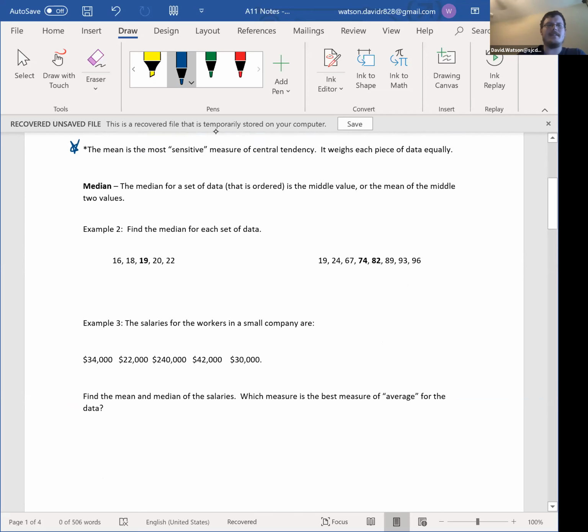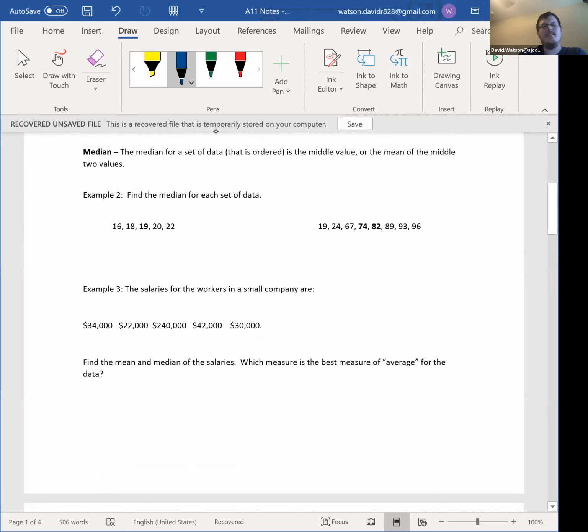Next up, let's talk about median. The median for a set of data that's ordered is the middle value. Or if there's two middles, you take the mean of the middle two values. For example, this data is already in order. So if we look at this, we see that the middle is 19.